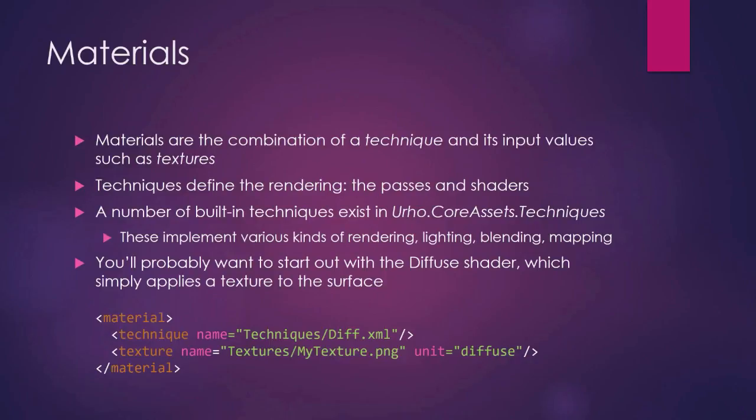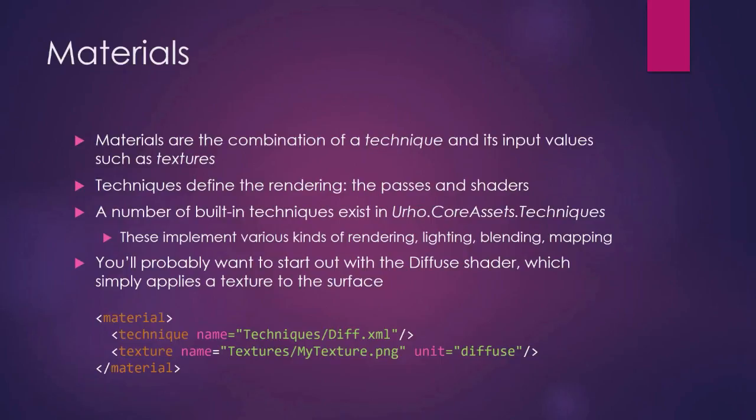Fortunately, you don't actually have to understand how the details of that work. There's a huge number of techniques that exist already in the core assets techniques class that has all of their IDs.